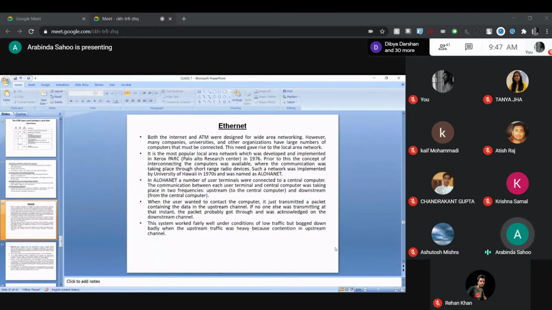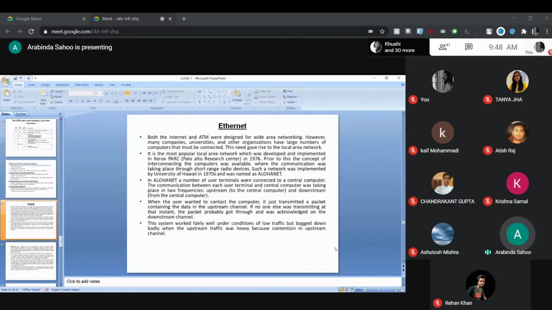So this is the basic difference between Aloha net and Ethernet. Aloha net uses short range radio devices to establish communication, but Ethernet uses ether, a type of wire, to connect all these devices.